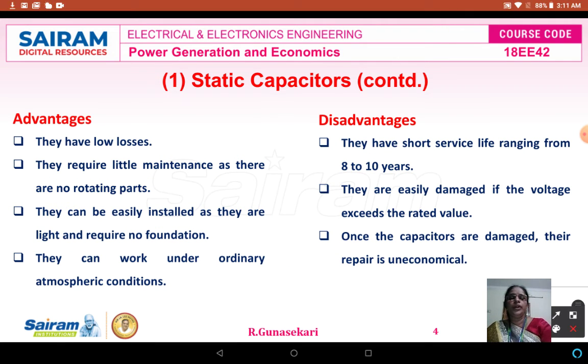What are the advantages and disadvantages of static capacitors? Advantages: they have low losses, because the power factor is improved, so losses are reduced. Little maintenance is required because there are no rotating parts; the static capacitor alone is used for power factor improvement.